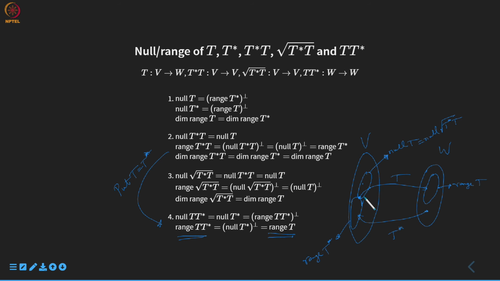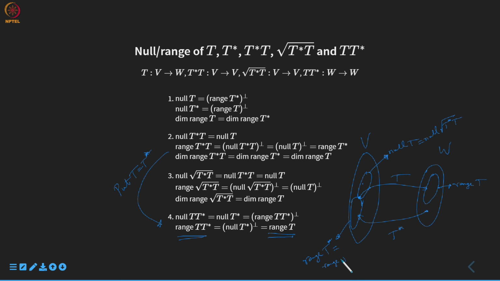So if you want to look at the range, you will end up getting the range of t star. If you take the orthogonal complement of this, range of t star is the same as range of square root of t star.